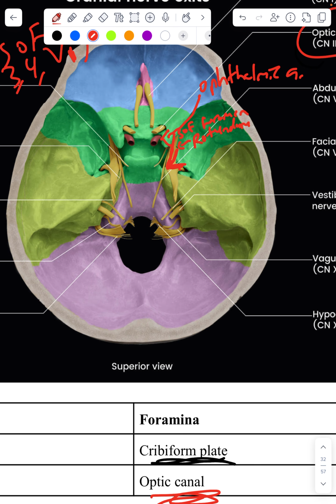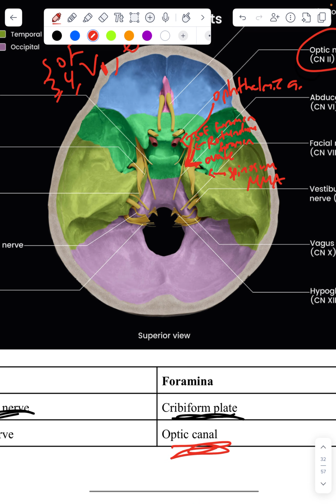V3 will go through foramen ovale, literally oval shaped. And then in this tiny opening right here, this is foramen spinosum. The main thing that goes through here is an artery called MMA, or middle meningeal artery.